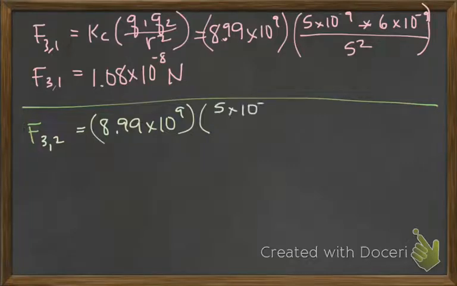Q2 is negative 2 times 10 to the negative 9th. I'm just writing it down as 2 times 10 to the negative 9th. And then the distance between those two is 4 meters. So square the 4. When you get an answer, let me know what you got.